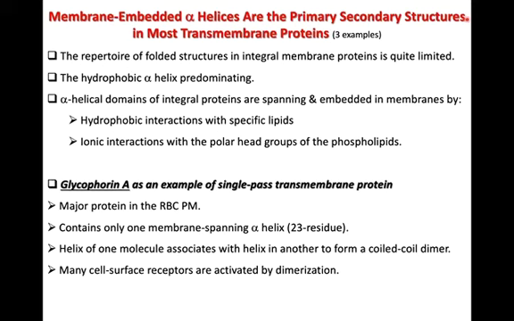The helix of one molecule associates with the helix of another to form a very peculiar structure called a coiled-coil dimer. And many cell surface receptors are actually activated by dimerization. So that's why the alpha helices of two molecules of that protein bind together in the form of coiled-coil dimerization, which is very crucial in the activation of this type of integral protein or this type of receptor.